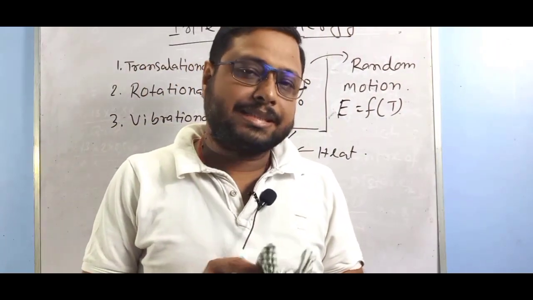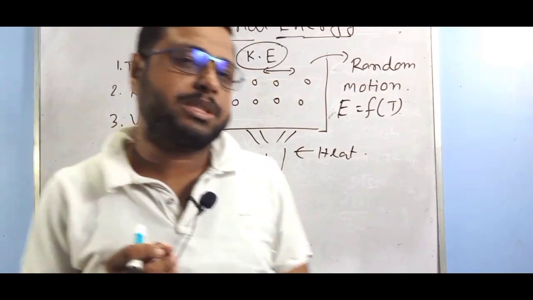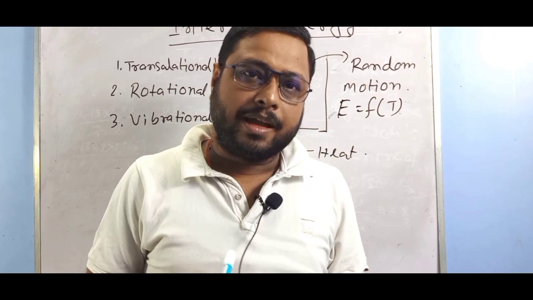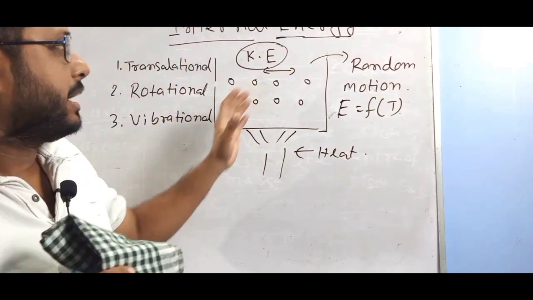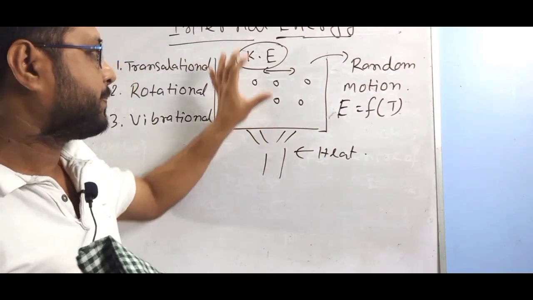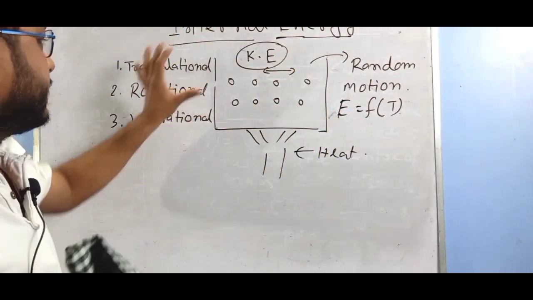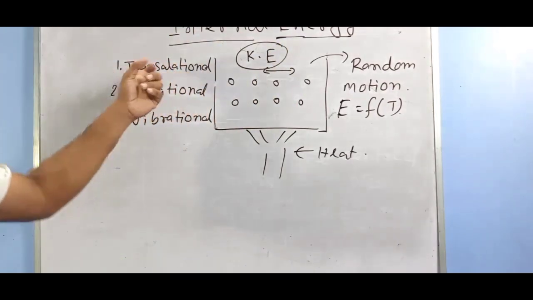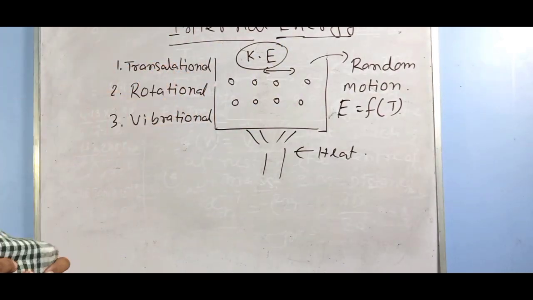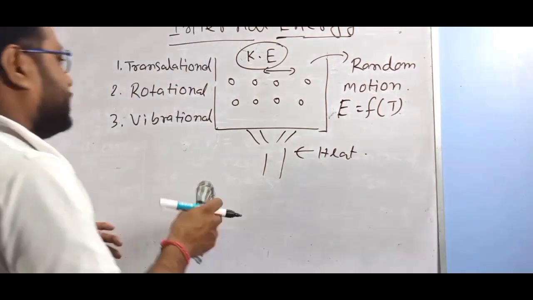When a gas expands, its volume increases, so its intermolecular potential energy increases, and also when heat is given from outside, the translational, rotational or vibrational motion of the gas increases, so its internal energy increases.